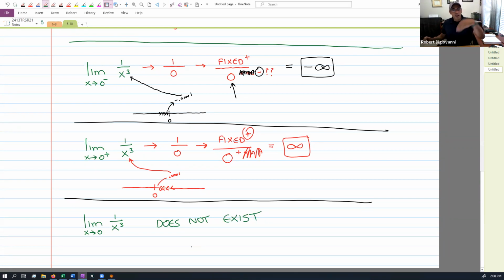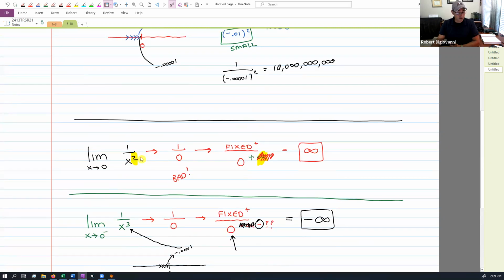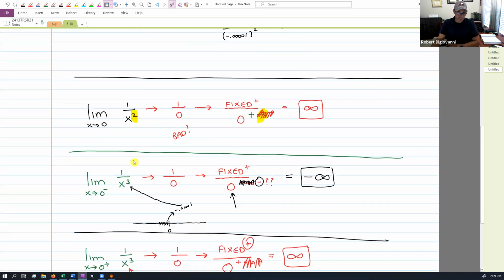And that's because the left and right hand limits are not equal to one another. The problem that we did earlier with the x squared, this answer does exist because both the left and right limits give you the same result. The only reason they give the same result is because it was squared, so it didn't matter which side you're coming in from. You're squaring the bottom, it's always going to give you positive.